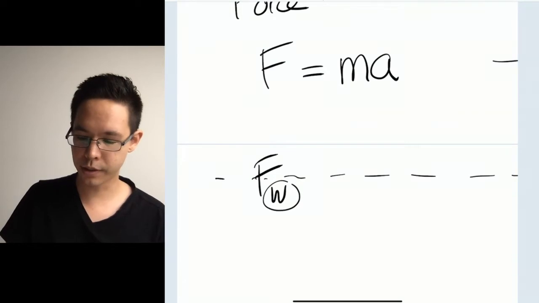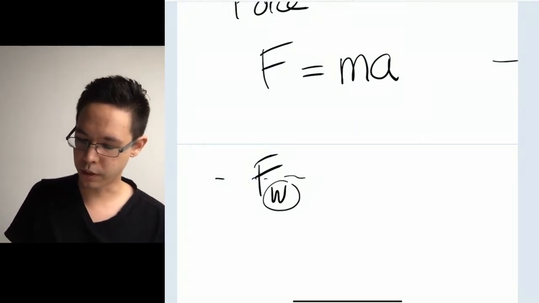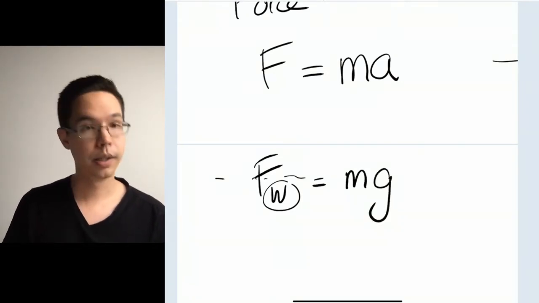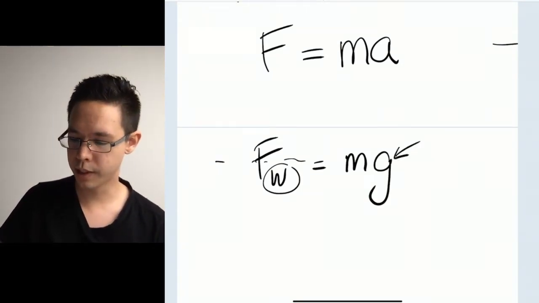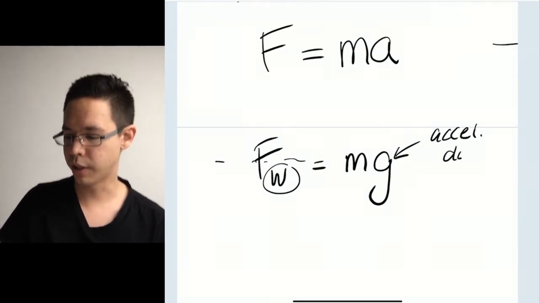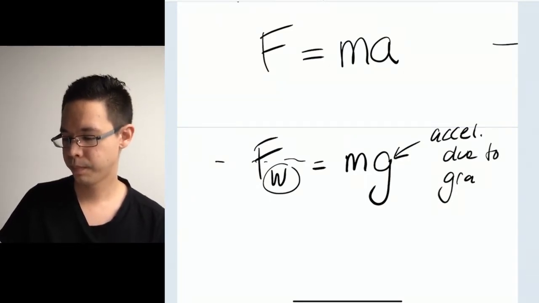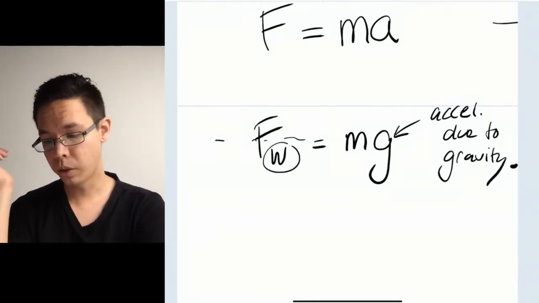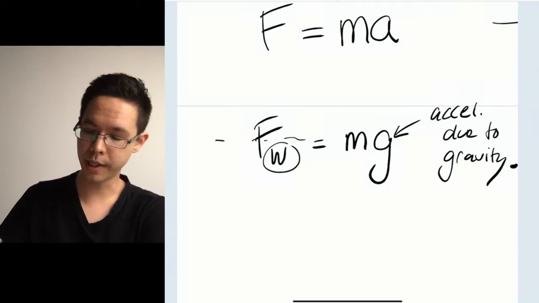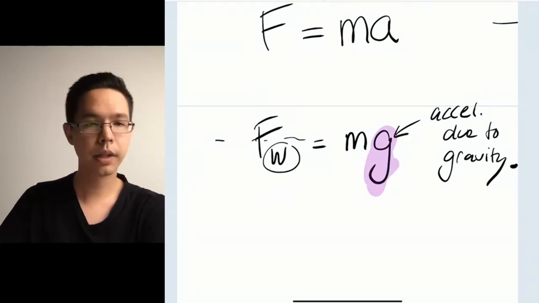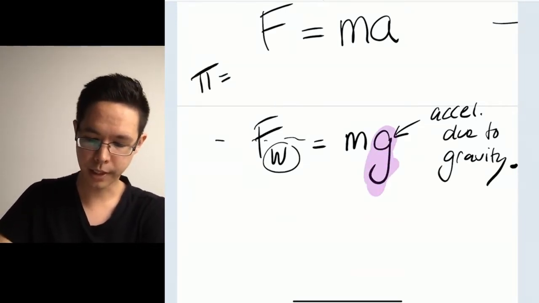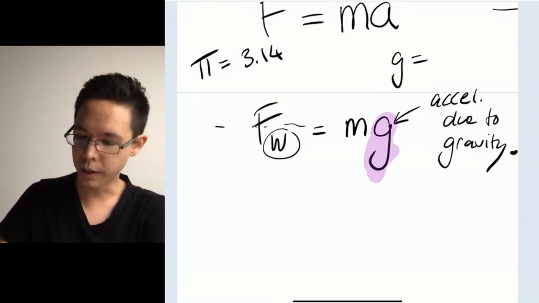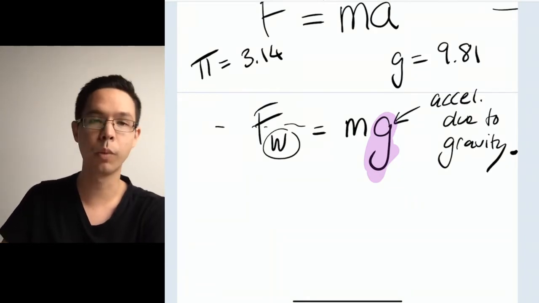So force weight is going to be equal to mass times a different letter, g. This letter here is the acceleration due to gravity. On the Earth, this has a constant value, kind of like pi has that constant value of 3.14 something. g on the Earth has a constant value of 9.81.